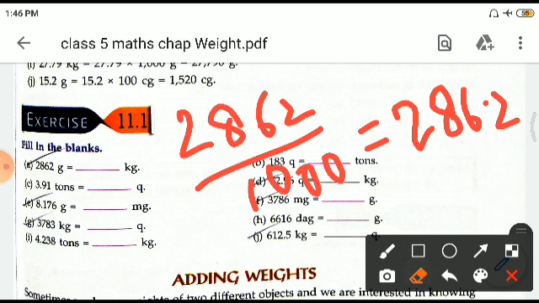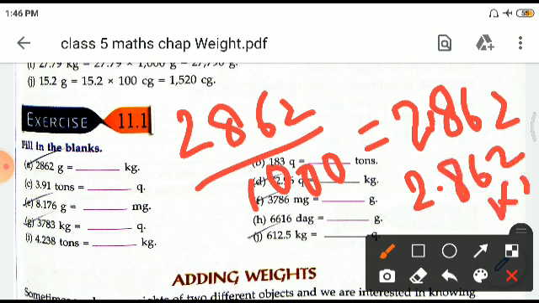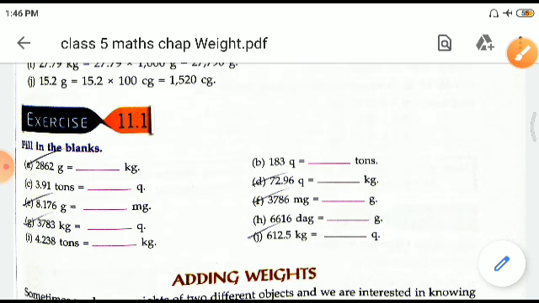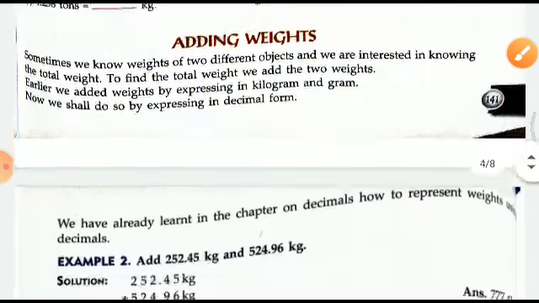Now this decimal will move 2 spaces ahead. So the answer will be 2.862 kg. Okay, and this is how this exercise needs to be done.